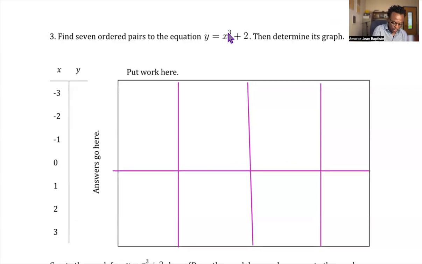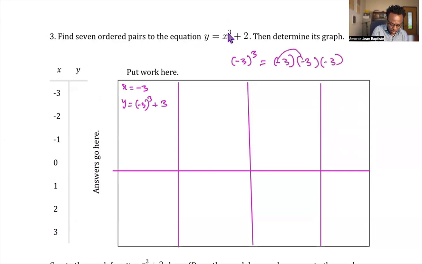So let's start with x equals -3. Y is going to be, that's the equation that we want to sketch its graph. So that is -3 to the third plus 2. -3 to the third is -3 times -3 times -3, right?